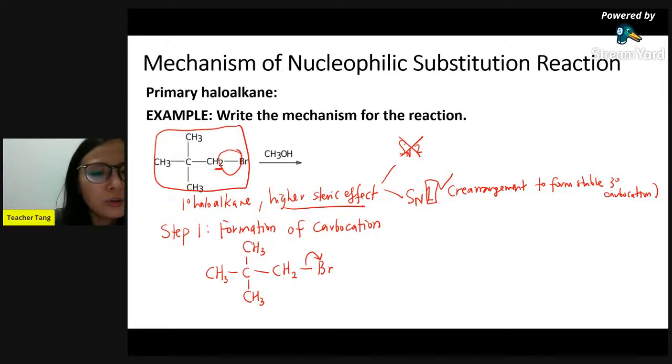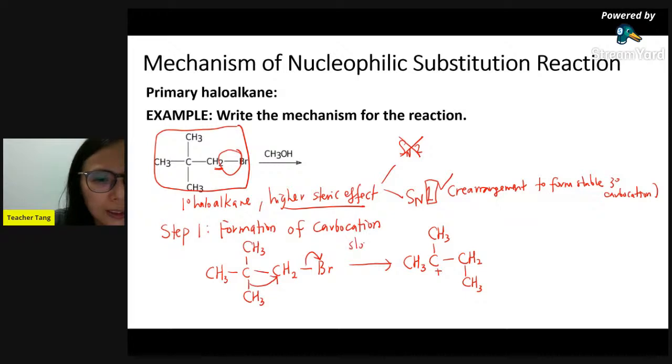So what will happen is a 1,2 hydride shift, and you will get the more stable tertiary carbocation ion. This step is slow, so therefore it is the rate determining step.